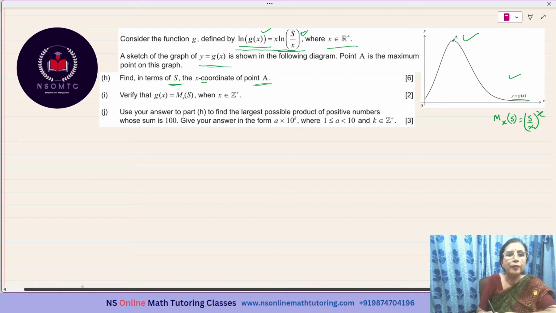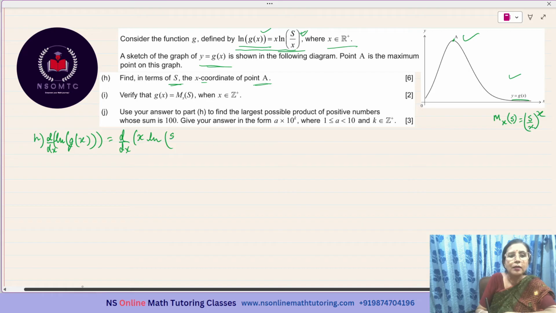I'm differentiating both sides of the equation: d dx of ln of g of x equal to d dx of x times ln of s over x.